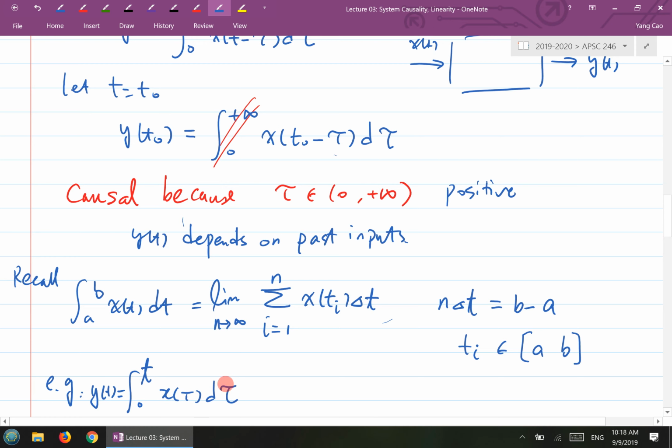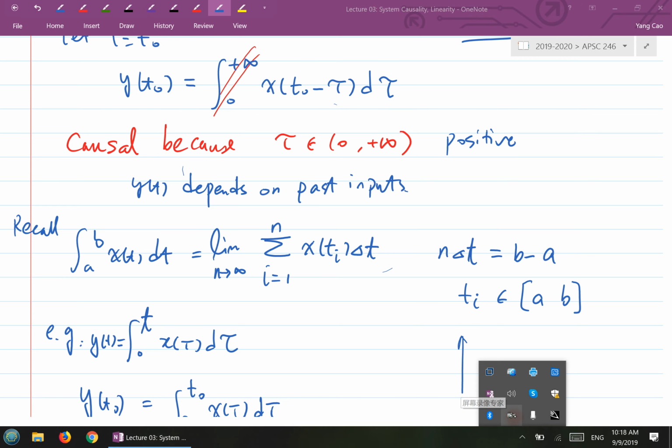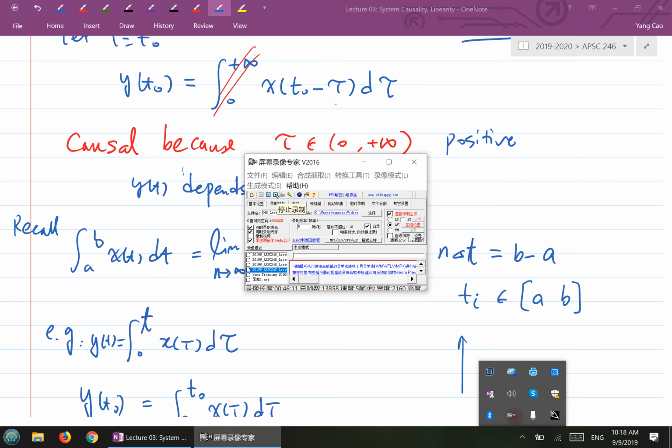Yeah, this one here. A better understanding, as I always say, is to break it into this kind of piece. If you recall that, maybe you know what? Let me stop this first.